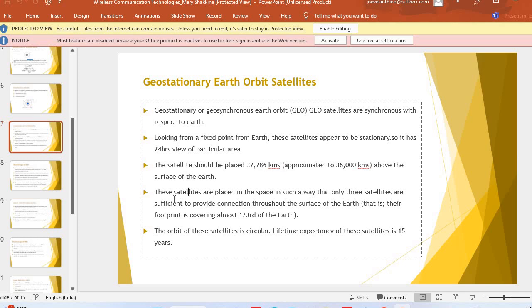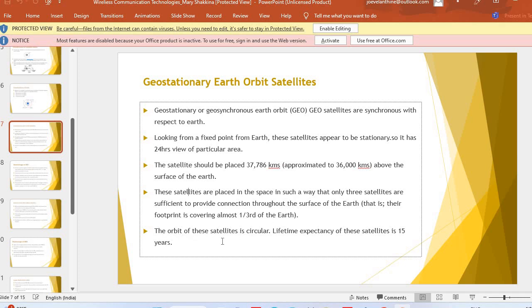Next, these satellites are placed in space in such a way that only 3 satellites are sufficient to provide connection throughout the surface of the Earth. Since the geostationary orbit is very far, about 37,000 kilometers away from the Earth, using 3 satellites the whole Earth can be covered.